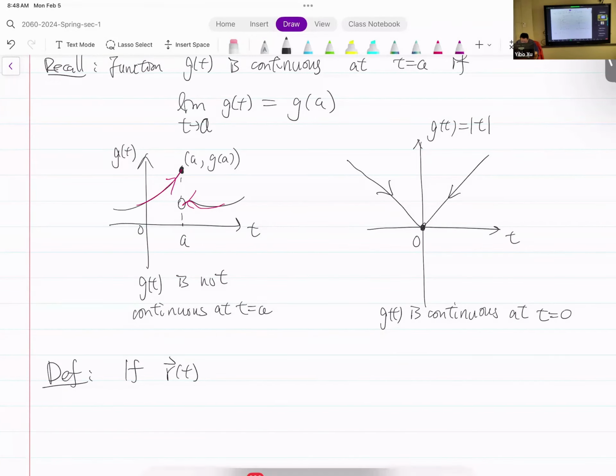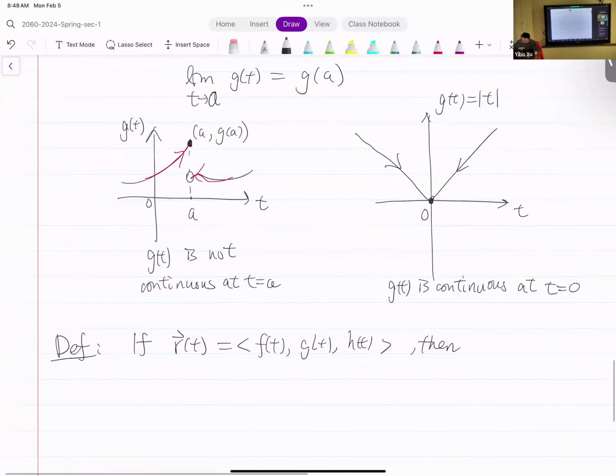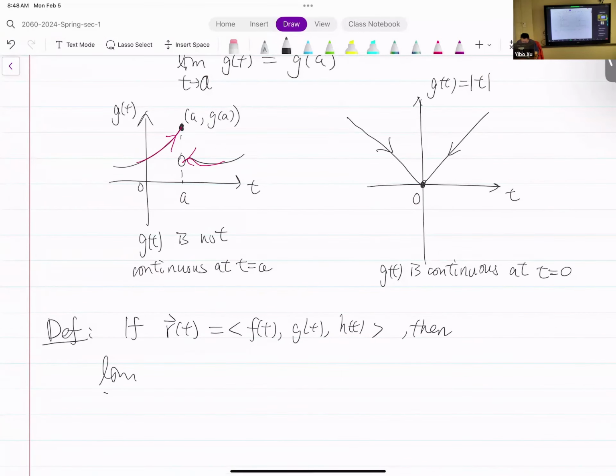So if r of t equals the vector function having components f of t, g of t, h of t, then the limit when t approaches a of the entire vector function is just going to be defined as the component-wise limit.